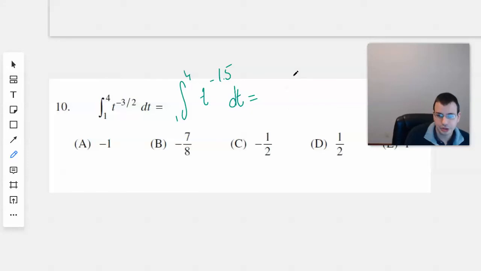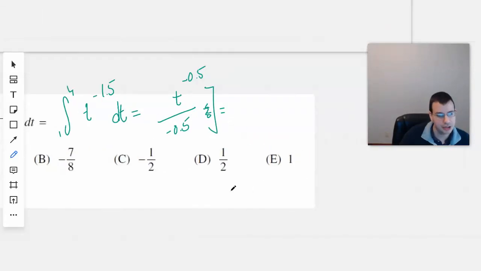So then this would be t to the negative 0.5 divided by negative 0.5, because you add 1 and then divide by. And I'll do some limits of integration, but I won't actually write them in yet because I don't want to use those CPU cycles yet in my head.